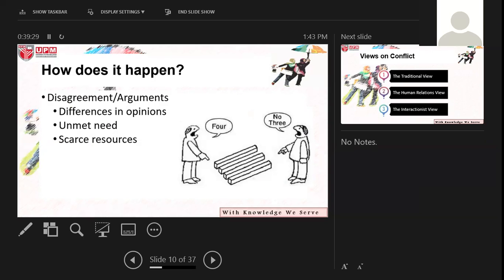Tapi tepi tu nampak 4. 3 or 4? Depan nampak 4, dari belakang nampak 3. So which one? 3 or 4? 4 plus 3.